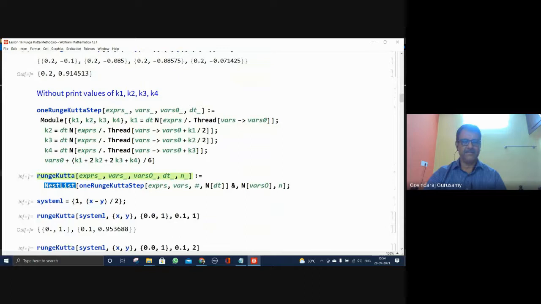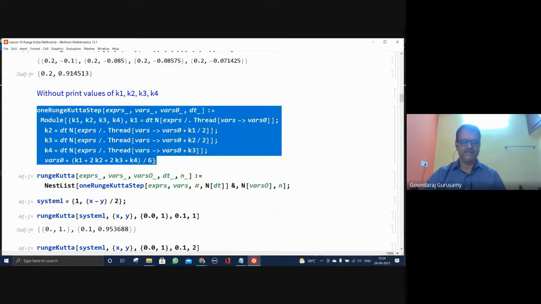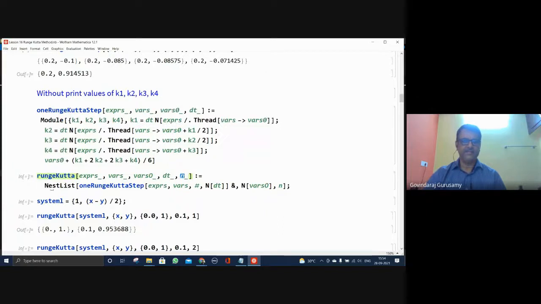Find the first one, take it as input to get the second one, then go to the third one, taking the inputs from the second one. Repeat, and you will get the result. So one Runge-Kutta step is this. Repeat it n number of times by using NestList. That's all. That is the technique you should use in Mathematica.